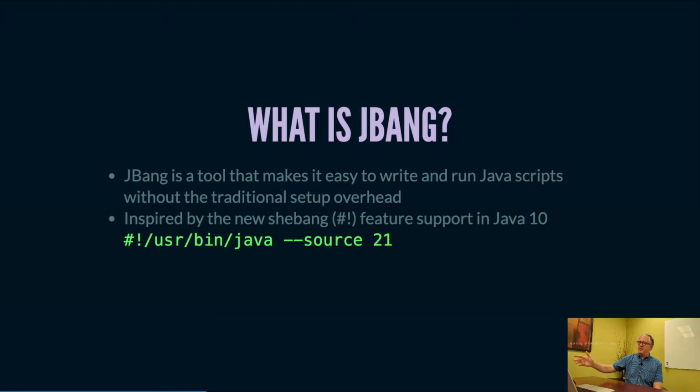It was inspired by the new shebang feature supporting Java 10. I don't know if you've seen that or not, but as of Java 10, which was released like 3 weeks ago, it seems like 3 weeks, they're cranking them out, you can now, in your Java source file, put this little shebang, if you're familiar with that term, goes back to Unix days, the hash bang /usr/bin/java, give the source, and then when you run that, it will actually compile your Java file and run it for you.